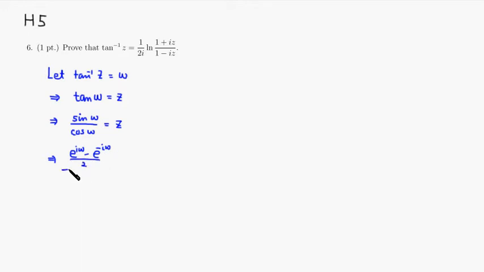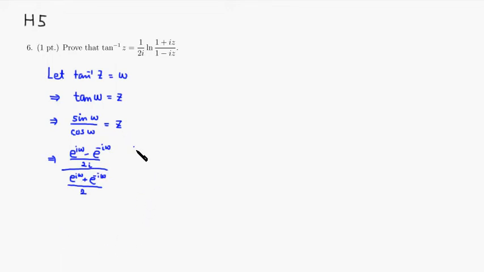Then you have cosine, so it's going to be e to the iw plus e to the negative iw over 2. Actually, I forgot i here because sine is 2i on the bottom.